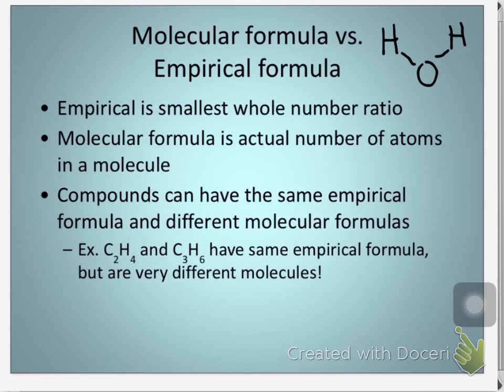H2O. Yeah, this is kind of a Grant's tomb sort of question. Like, what's the molecular formula for H2O? H2O. Okay. Yeah, because there are actually 2 hydrogen atoms and 1 oxygen atom in a molecule. What's the simplest whole number ratio of hydrogen to oxygen atoms in H2O?